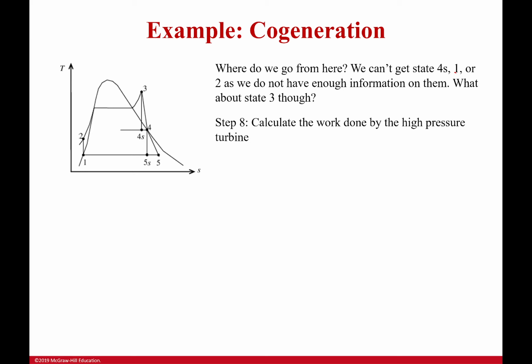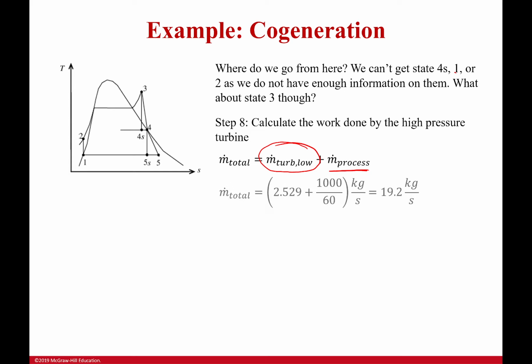Okay, so what's my work done by the high pressure turbine? Well, first off, I'm going to need to know what my mass flow rate is. I know the mass flow rate for my low pressure turbine, but how much mass is being taken to the process heater? If I can figure that out, I can figure out how much mass flow rate is going through my high pressure turbine.